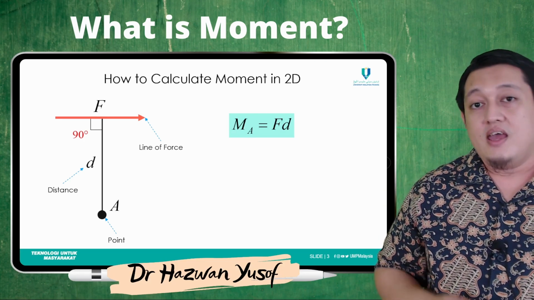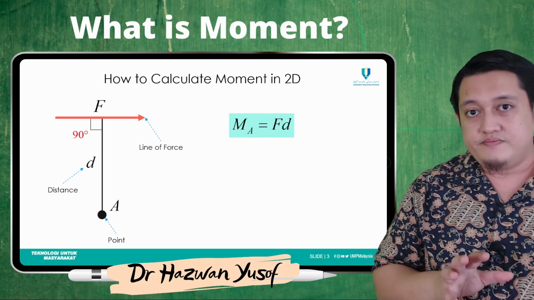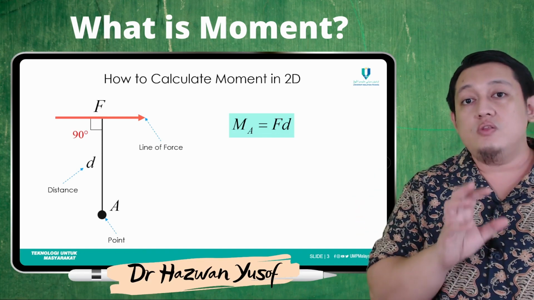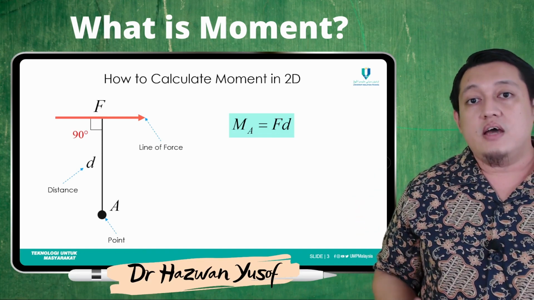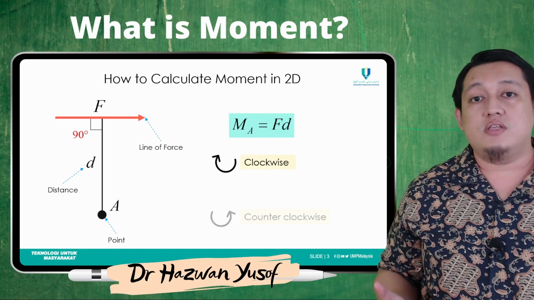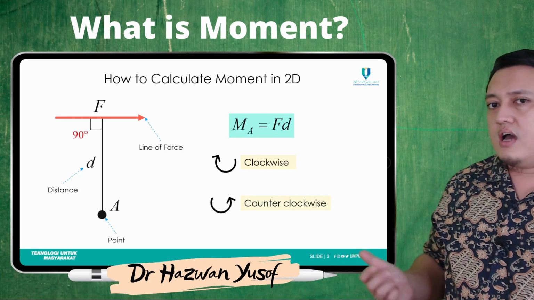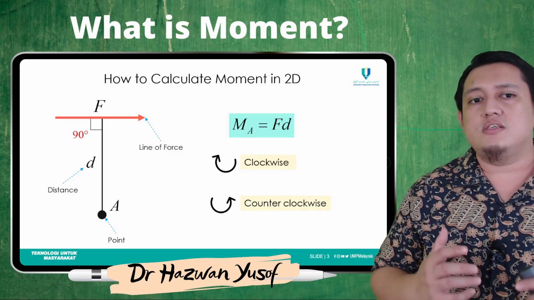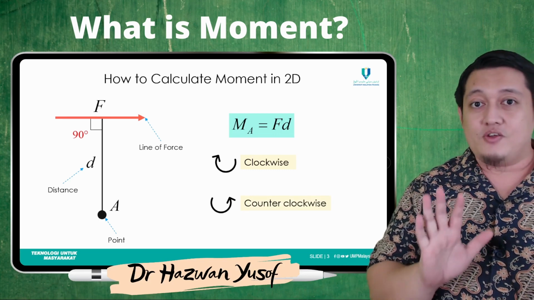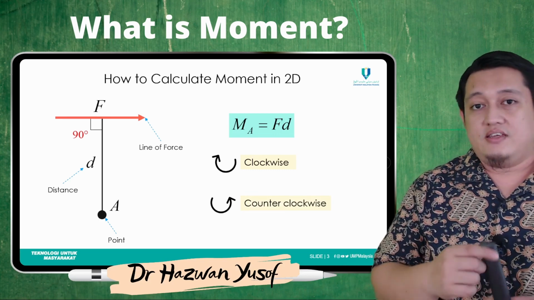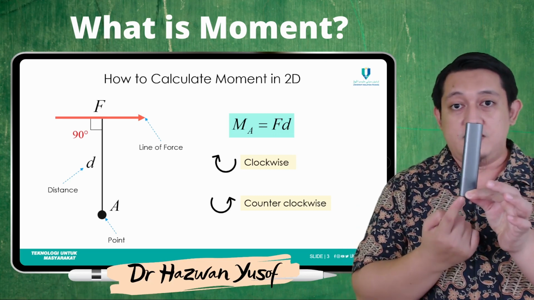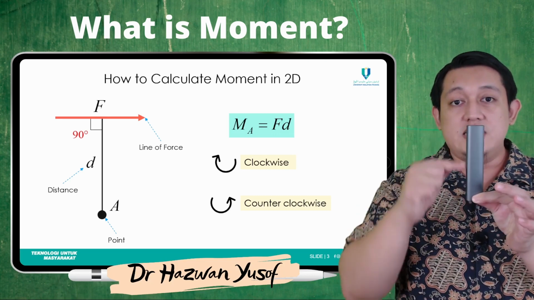And our moment here is representing a rotation, which means we need to consider whether our rotation is clockwise or counterclockwise. How to determine that? Easy, no problem. Let's say below here is our point A, and this is our distance.